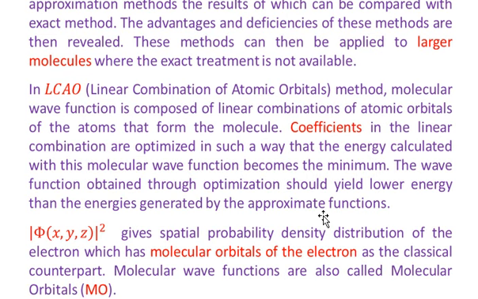Through optimization, we shall have the wave function that gives the minimum energy in comparison with the other approximate functions that we can suggest as a solution for the molecular wave function.